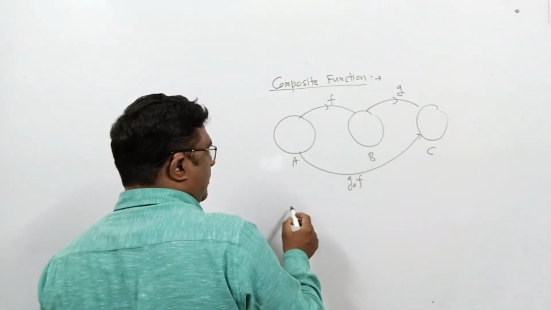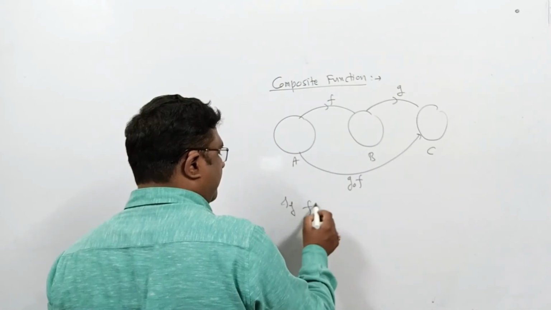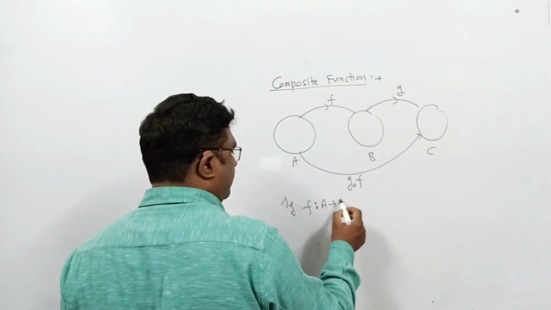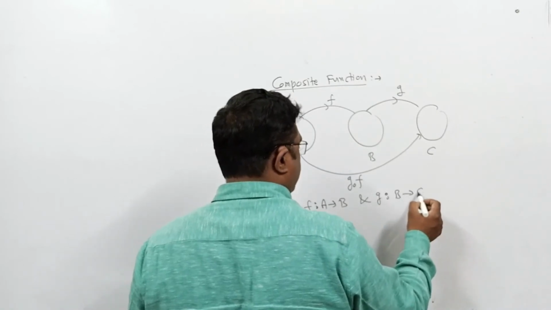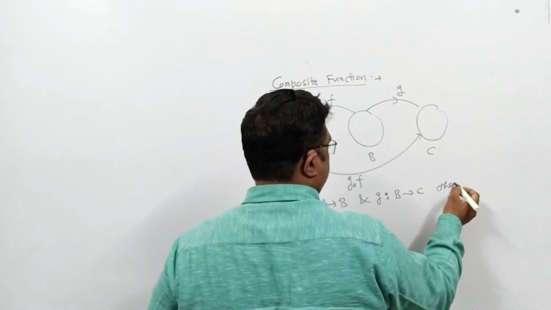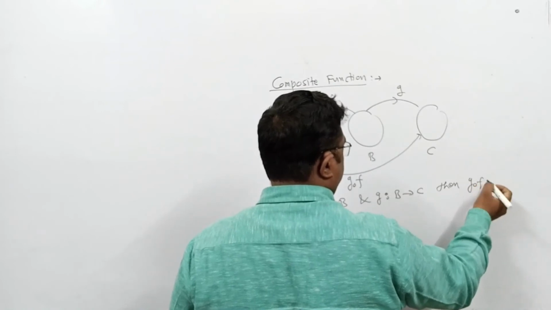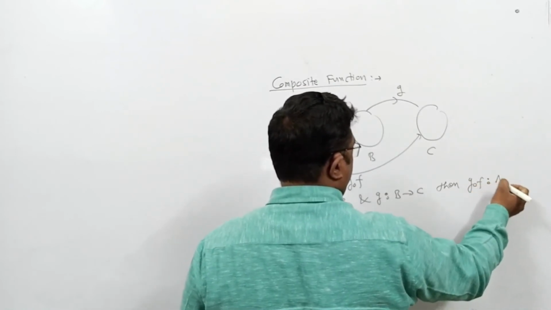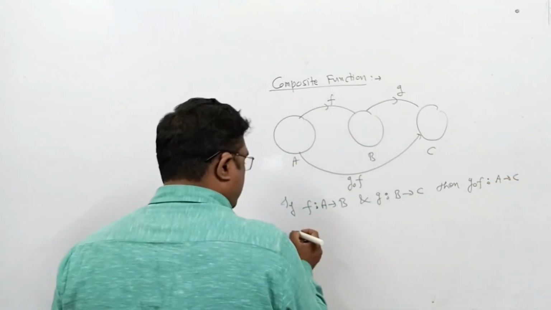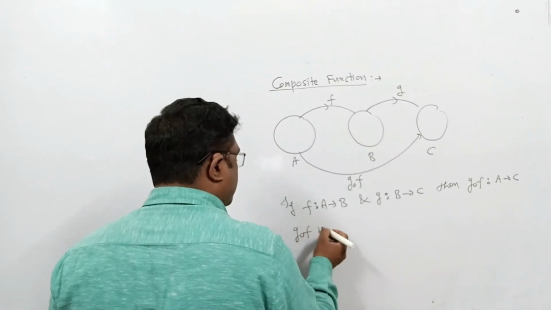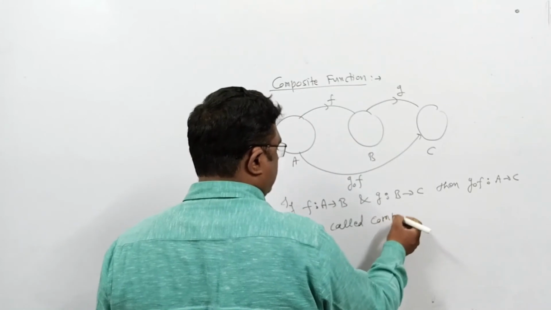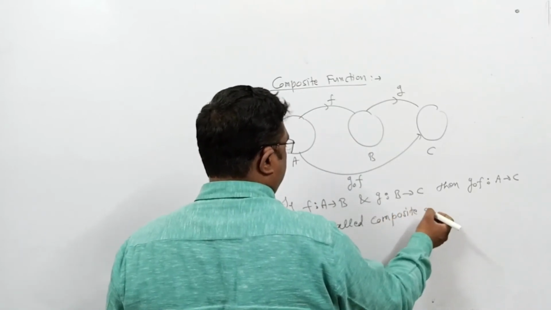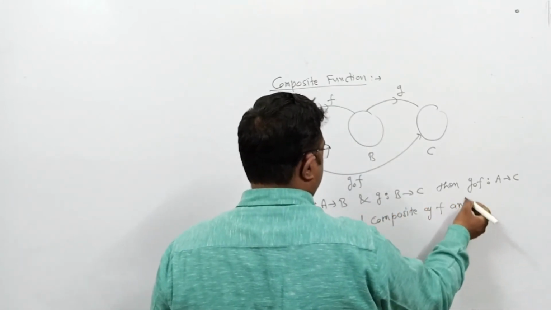In statement form, if f is a function from A to B and g is a function from B to C, then gof is a function from A to C.